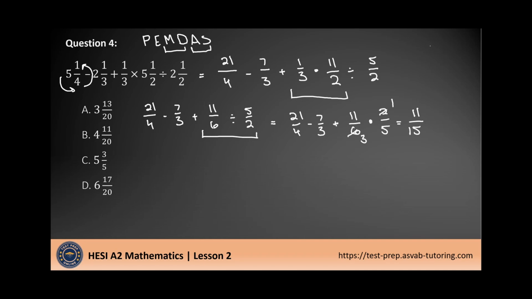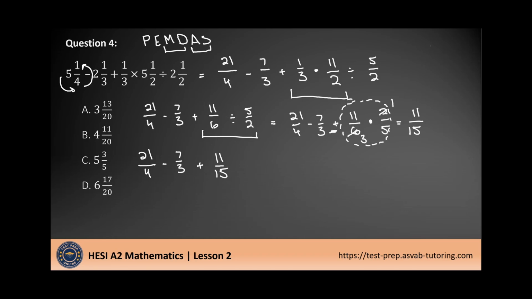So our new fraction is going to be 21 over 4 minus 7 over 3. And then this 11 over 15 is just standing in for 11 over 6 times 2 over 5. So notice we have this addition here, so it's going to be plus 11 over 15.